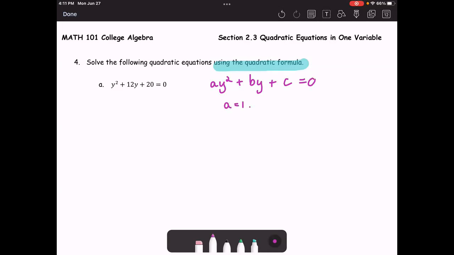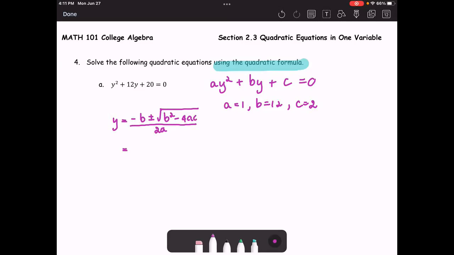Therefore, a is 1, b is 12, and c is 20. Use the quadratic formula for the variable y, which is negative b plus minus square root of b squared minus 4 times a times c, all divided by 2 times a.